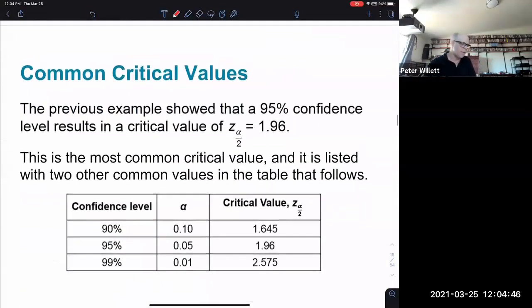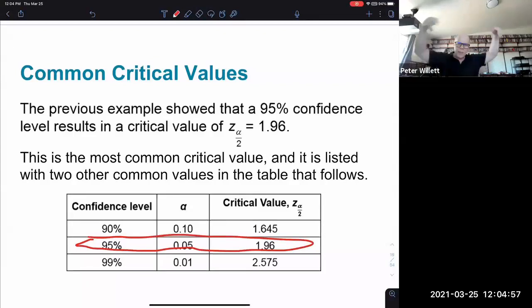So for common critical values, the one they just showed us was at the 95% confidence level. When you have 5% for alpha and you split that up on the two sides, the right critical value will be 1.96. And remember, a normal curve is symmetric, so the critical value on the low end of the interval will be negative 1.96.